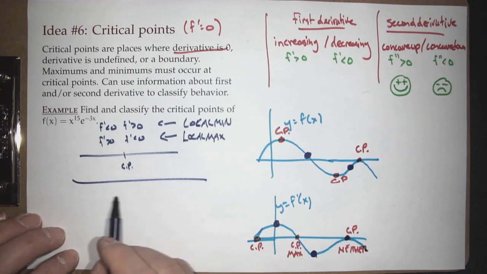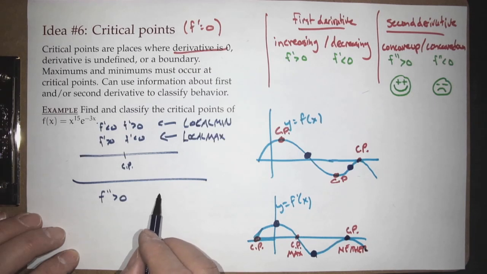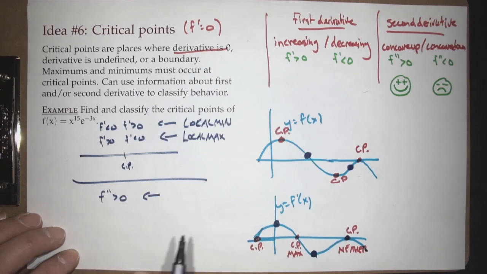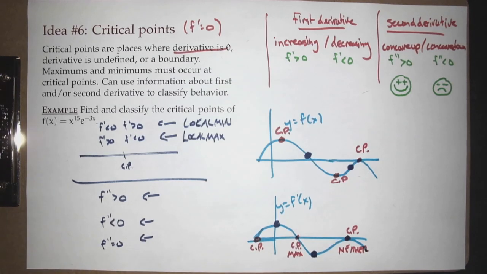Second derivative test. If the second derivative is positive at a critical point, what kind of critical point are we? If we're concave up at a critical point, what kind of critical point do you have?